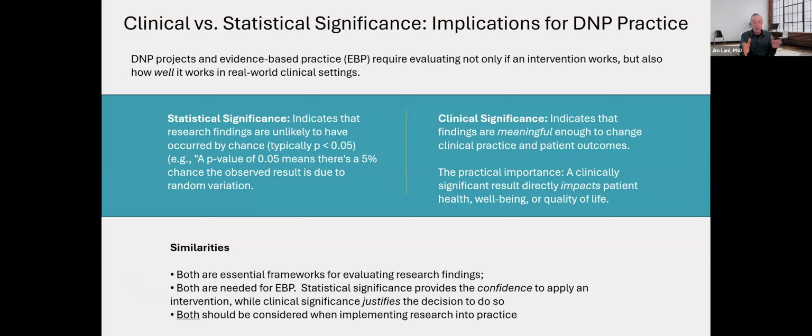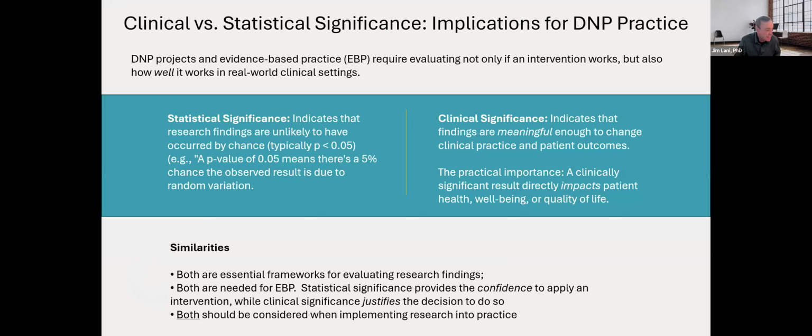When that probability is less than 0.05 or 5%, we say that t is statistically significant. So statistical significance is one animal. The other animal is clinical significance, the importance of these differences.